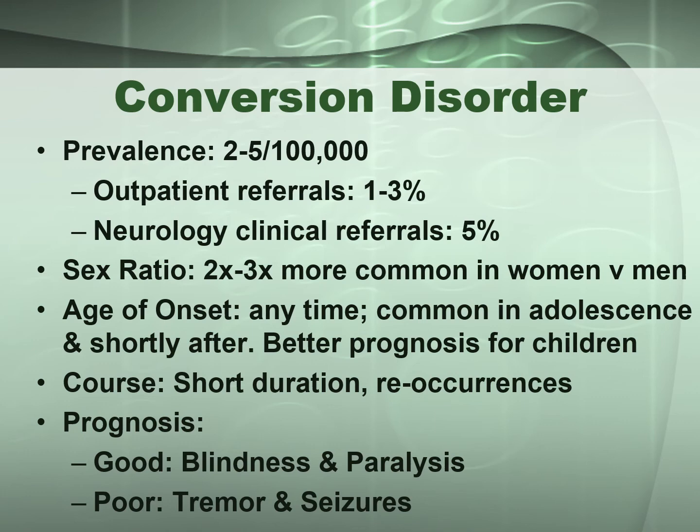In fact, if you were to look at just a 1-year time frame, you'll see that anywhere from 20 to 25% of them will have another episode within that same year. And interestingly, there seem to be differences in what we can expect for the prognosis. Individuals who have blindness or paralysis tend to have a better prognosis than those that have tremor or seizures as their primary symptom.